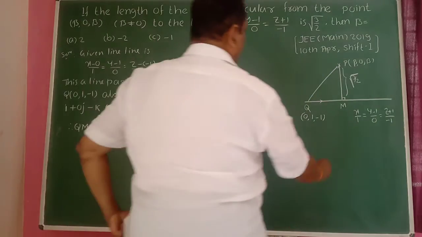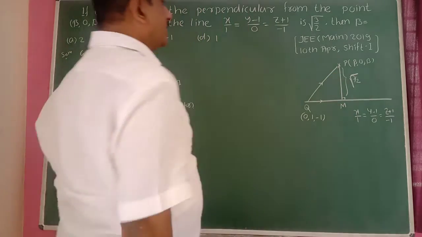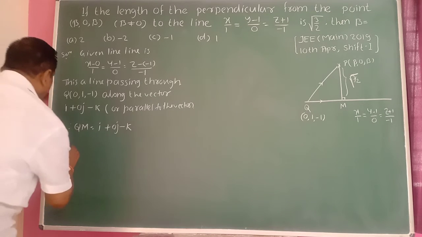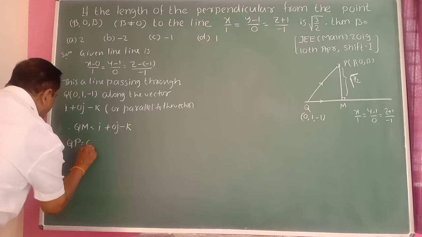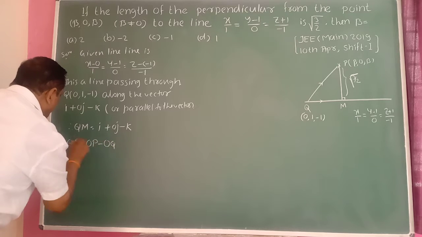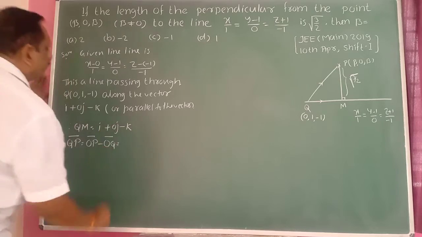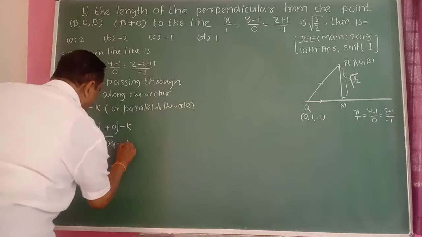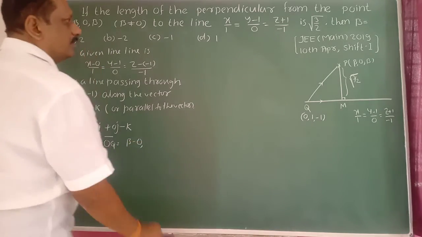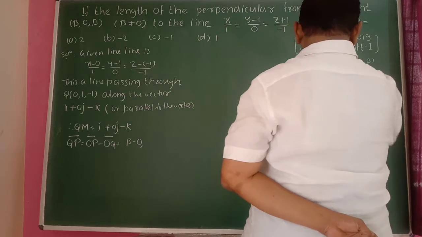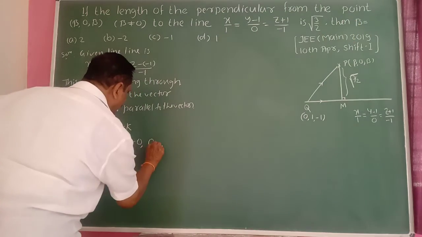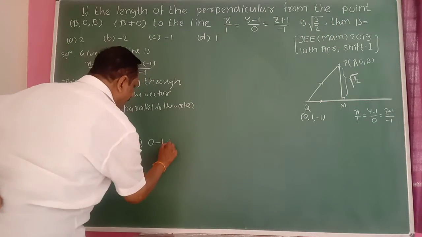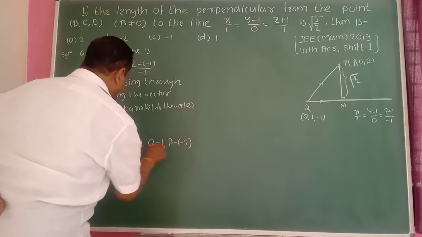Then find the vector PQ or QP. Therefore QP is given by OP minus OQ. So (β − 0), then (0 − 1), then (β − (−1)).